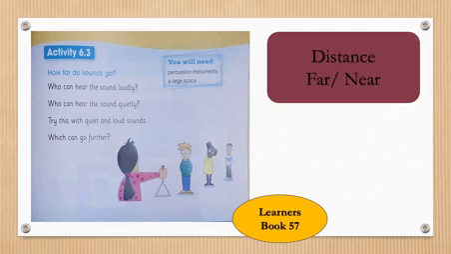When the girl sounds the triangle, the first boy in line can hear the sound loudly, while the boy last in line can hear the sound quietly because the distance affects the volume of the sound, if it's loud or quiet, okay?